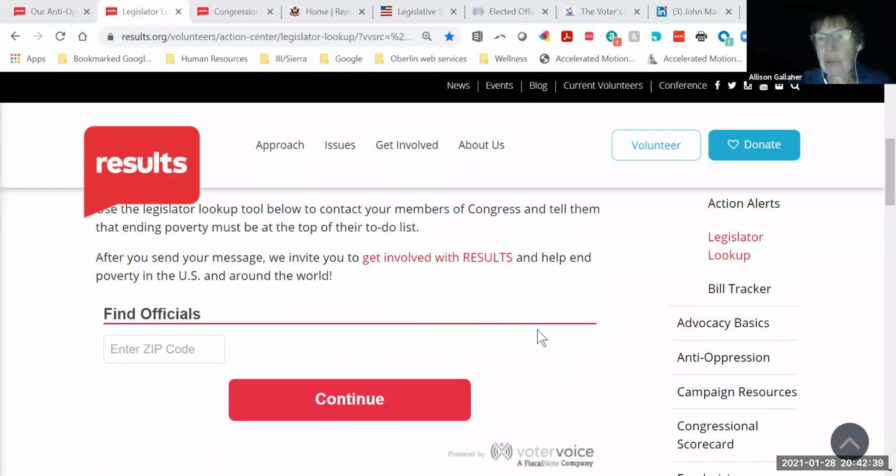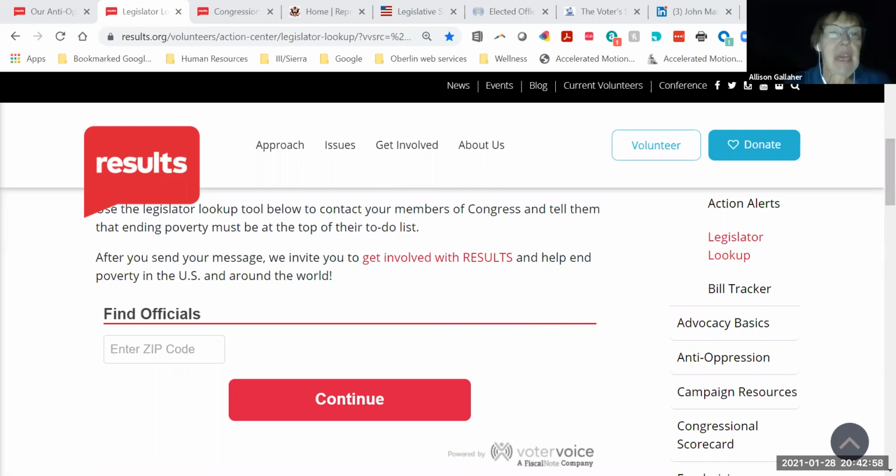This directory is paid for by results, so you would not be able to just browse to this if you didn't know that it was an embedded directory in results. So it's a really nice tool that they've given us.